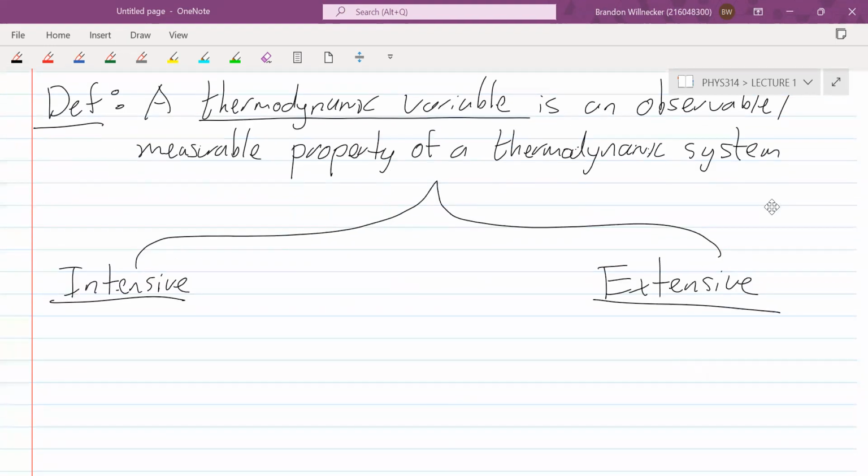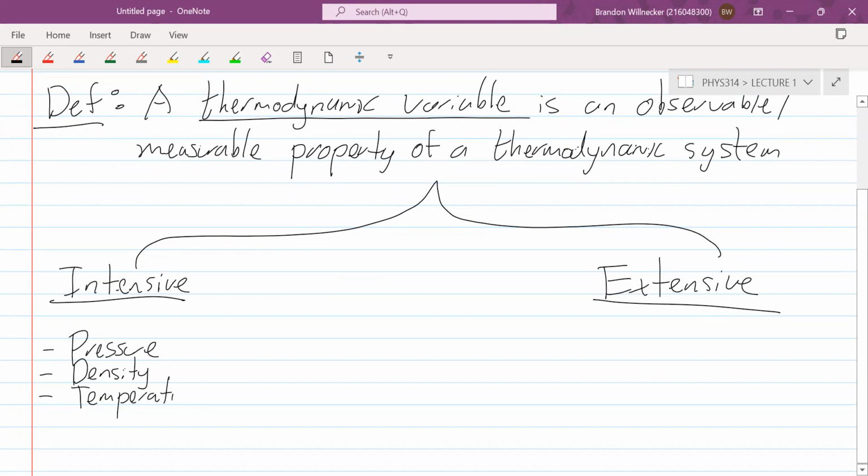Intensive variables are things like pressure, density, temperature, and energy density. Not energy, it must be energy density. As with all density type variables, it's going to be the energy divided by the volume. Like mass density is mass divided by volume, energy density is energy divided by volume.